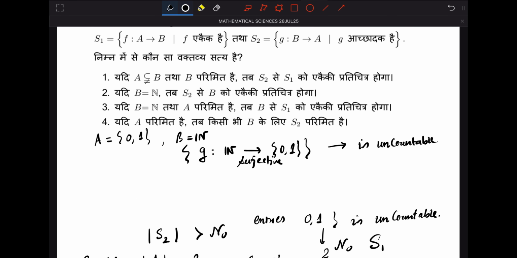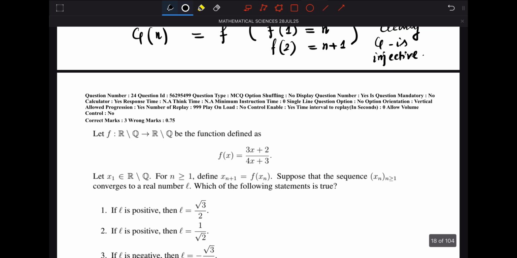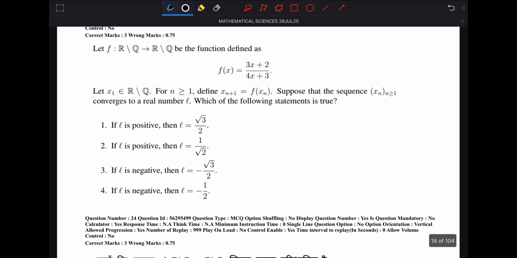Let's move on to the next problem. f is a function from R minus Q to R minus Q defined as f(x) equal to (3x plus 2) divided by (4x plus 3).